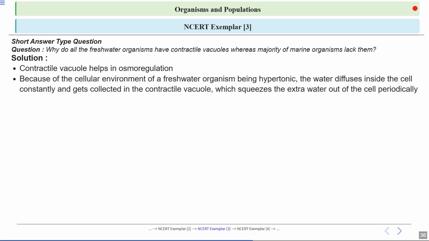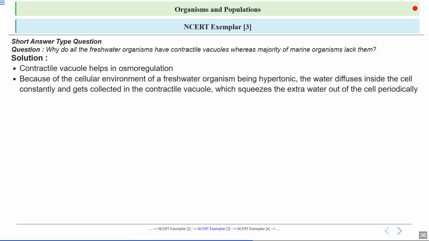Now consider what happens in fresh water. The inside of the organism's cell is more concentrated with salts than the surrounding water, making it hypertonic. Water naturally moves into the cell, and if nothing is done, the cell would burst.